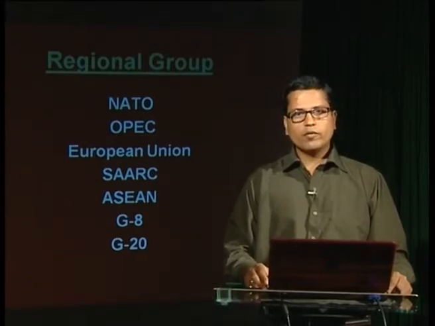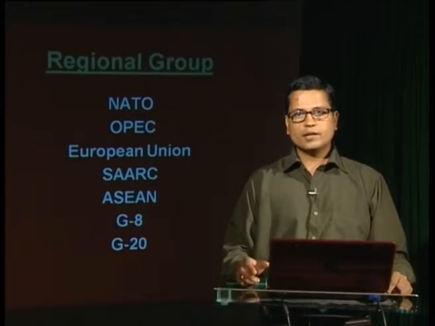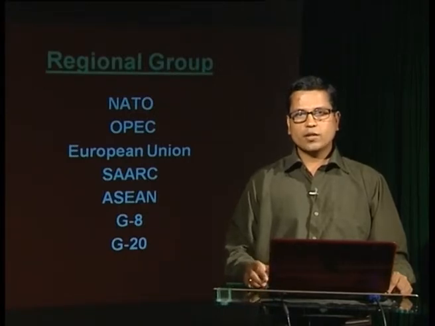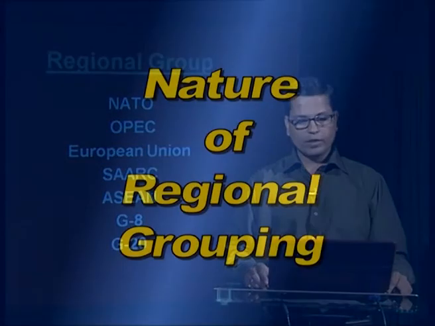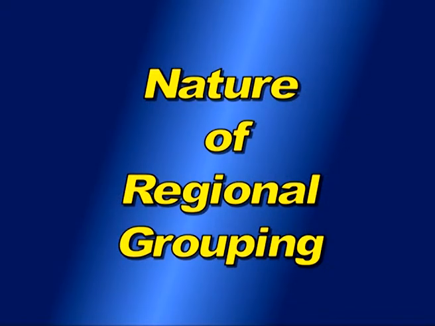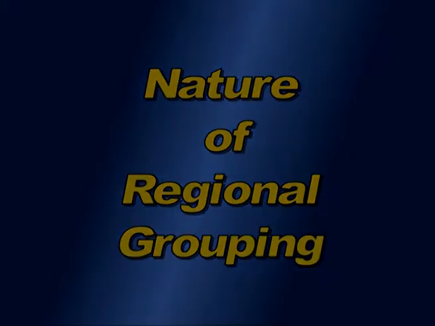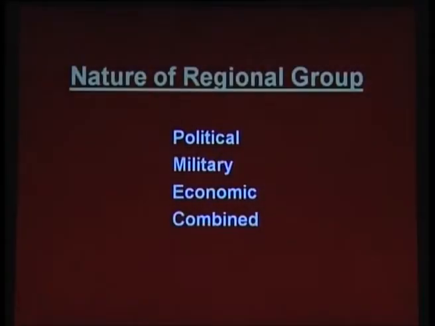So, we can see that different regions and different natures of regional groups exist in the world. On a broader perspective, if we classify the regional groups, then we find four different natures of regional groups.